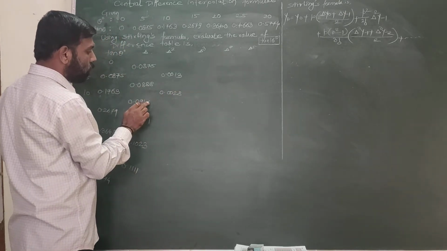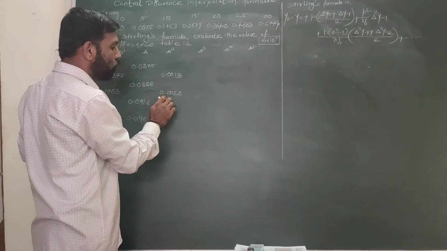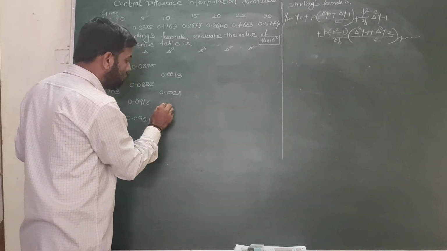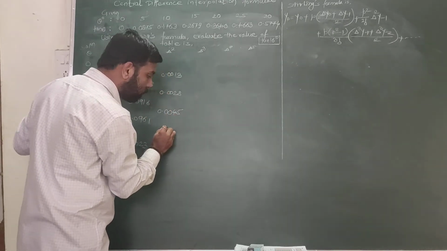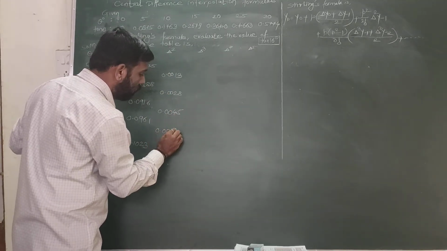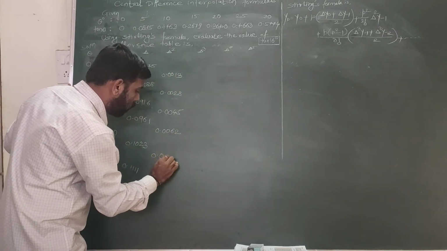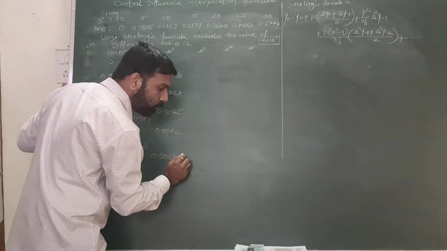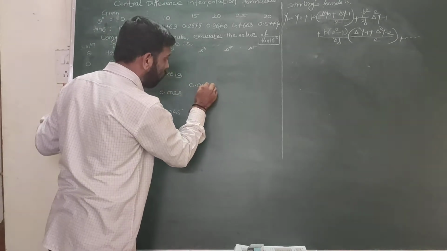These next number minus previous number, so the output is this one, 0.0028, 0.0045, 0.0062, 0.0088, 0.0015.